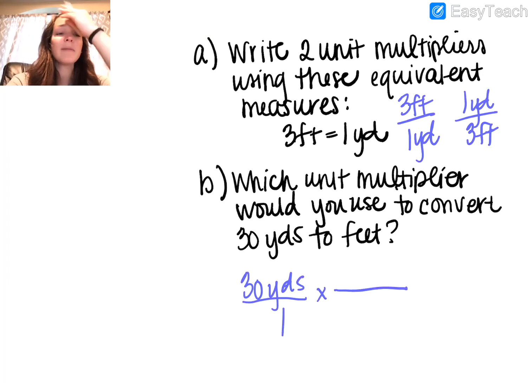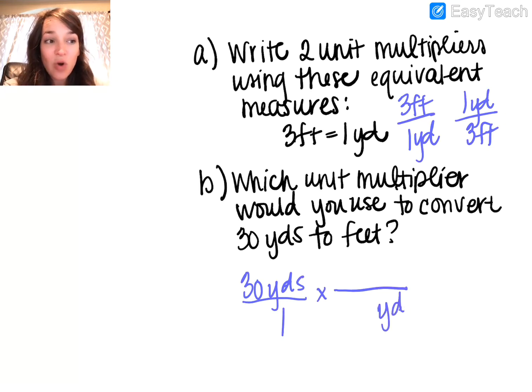And what we've learned about cross-simplifying is that if we have something that can cancel across from each other, then we want to do that. Well, it works the same way with units. So if I'm wanting to go from yards to feet here, then in order for my yards to cancel, my yards have to be on the bottom in my other fraction, okay?